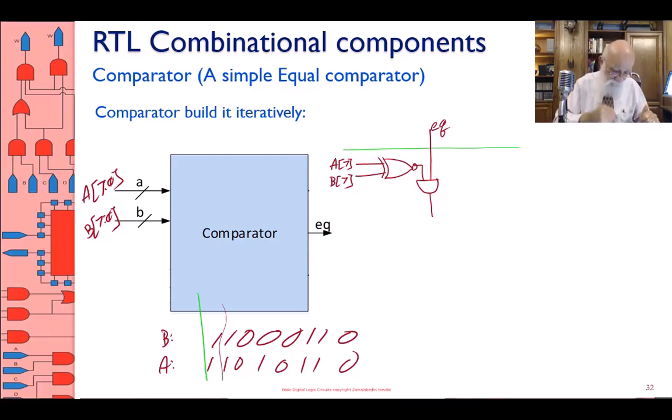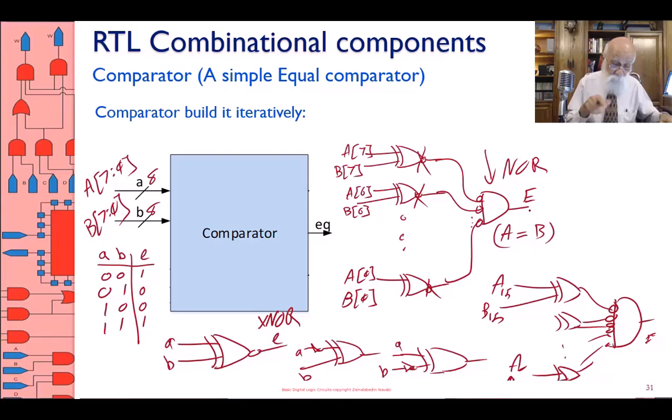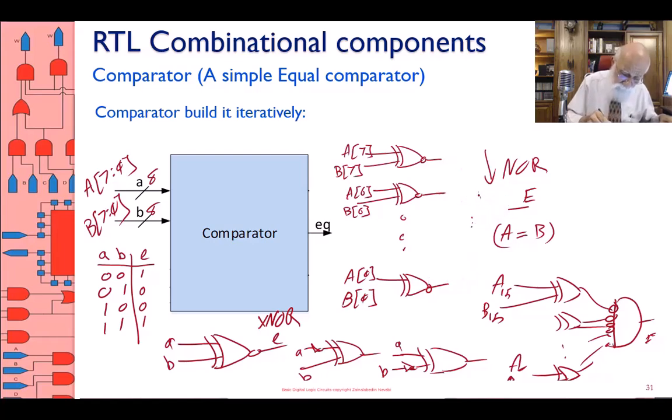That means this. What I'm really doing, if you go back to my original circuit without moving the bubbles, I'm taking this AND gate that I had over here and splitting it into 8 AND gates, each of them connected to the output of one XNOR.